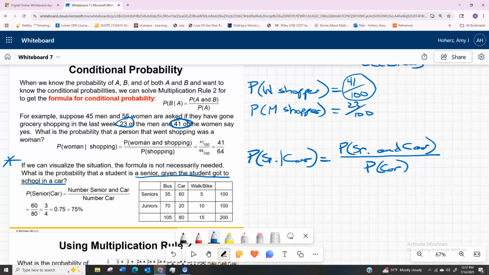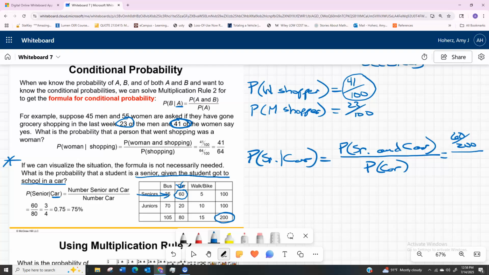Remember the second thing is the A. Okay. So in this case, the probability that they're a senior and ride in a car most days, that would be 60 out of the 200. So again, that's the senior car riders. We want that they're both, okay?